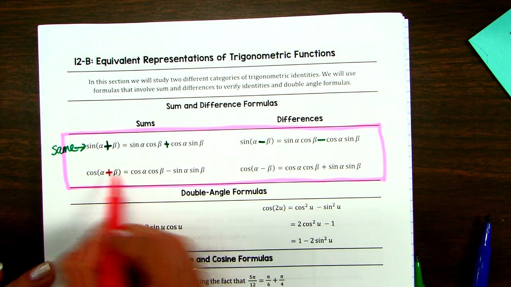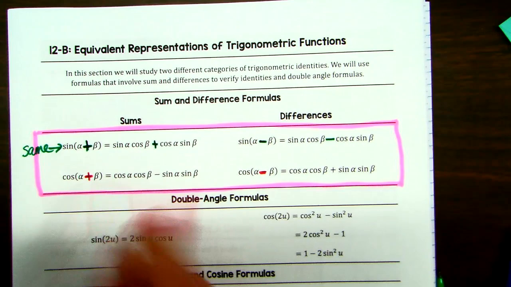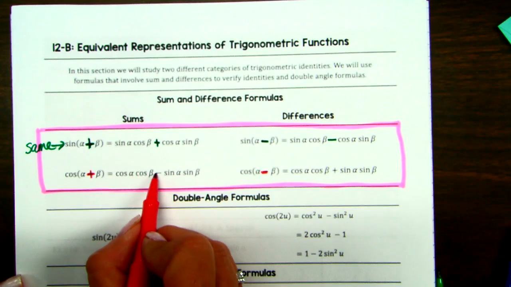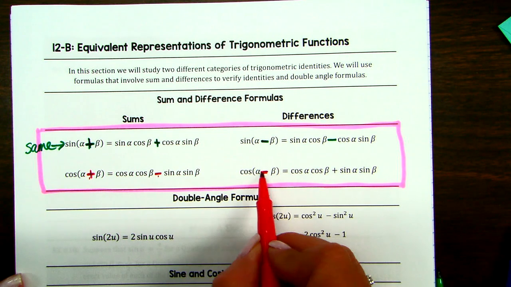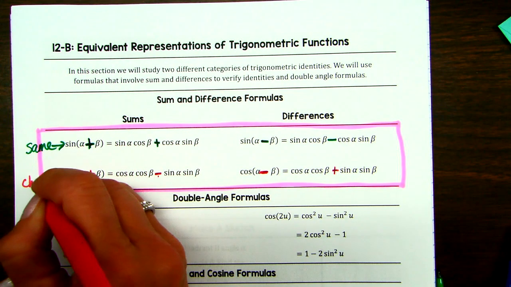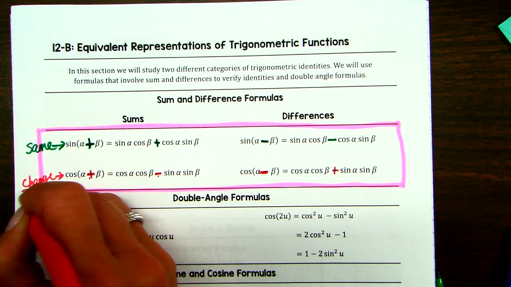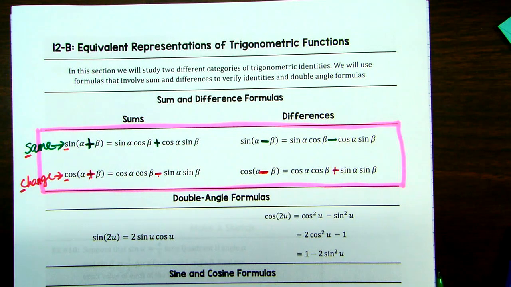Here's the sum and difference formula for cosine. And in these 2 formulas, the sign in the middle changes. So instead of plus, we make it minus. Instead of minus, we make it plus. So I'm going to use the word change because it starts with a C, right? Cosine, change. Okay, so that's the first thing.